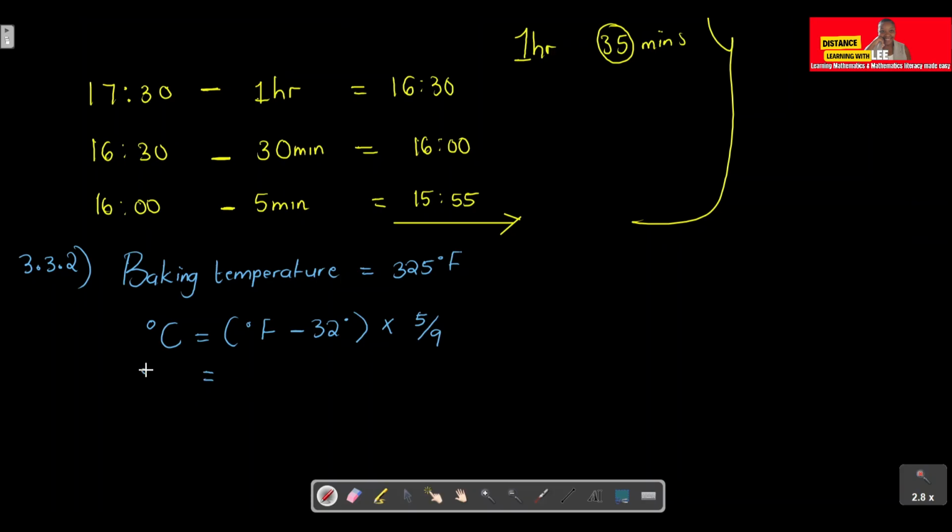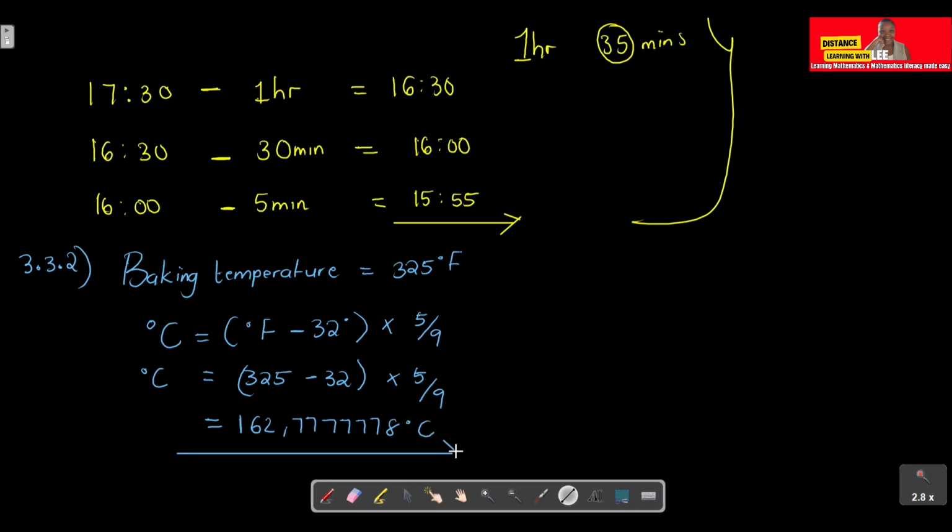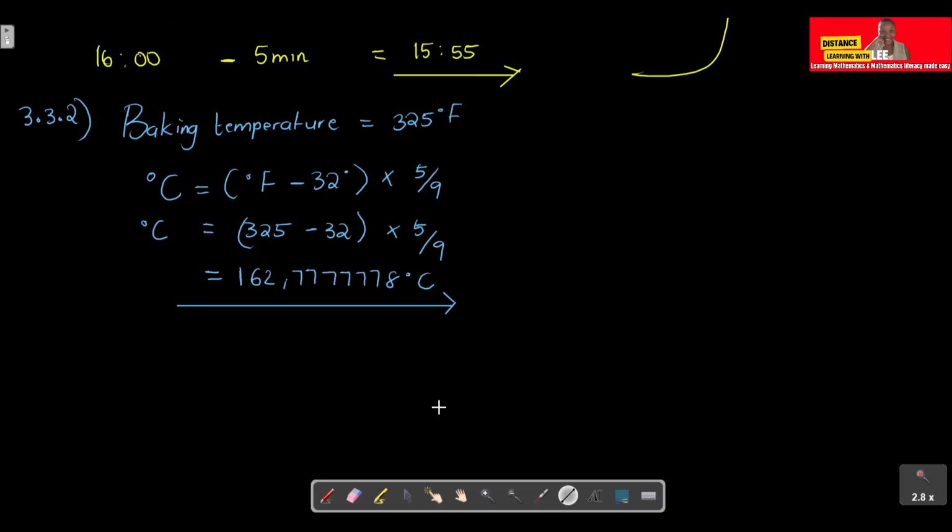We already know what the degrees Fahrenheit is, so it's 325 degrees Fahrenheit minus 32 degrees Fahrenheit, multiplied by 5/9. If you punch this into your calculator, you'll get a value like 162.77345678 degrees Celsius.